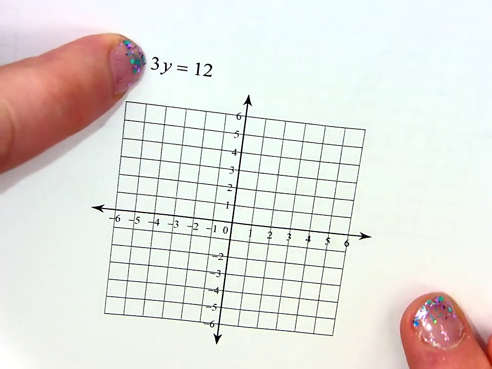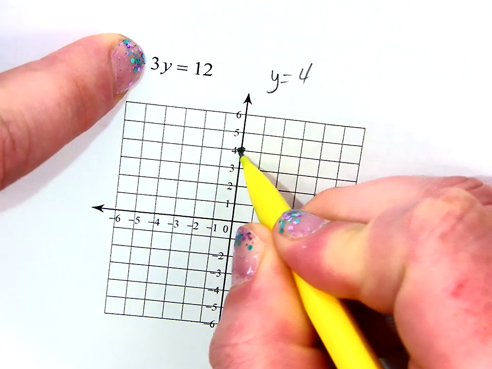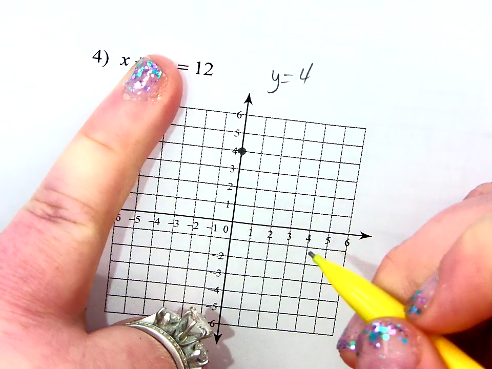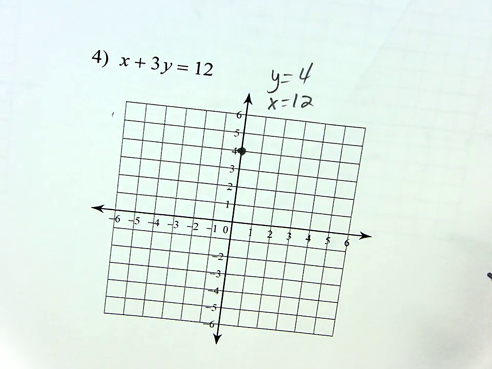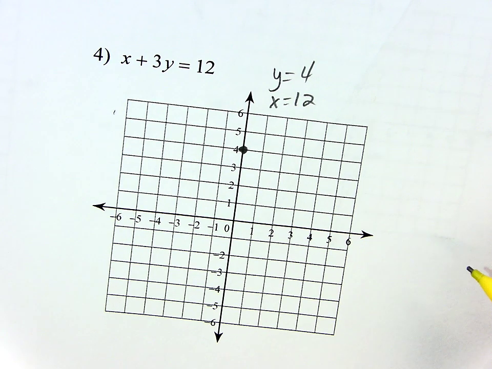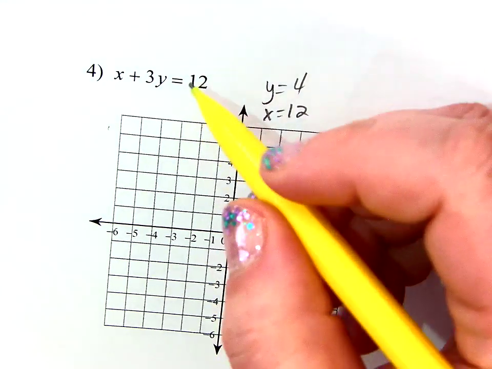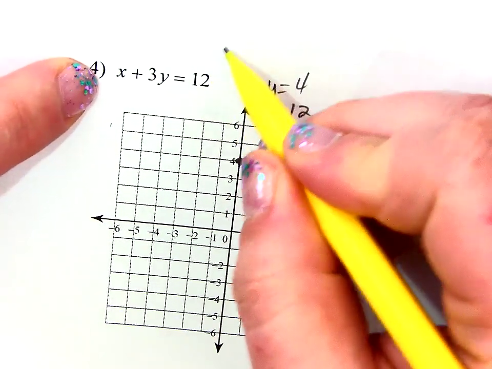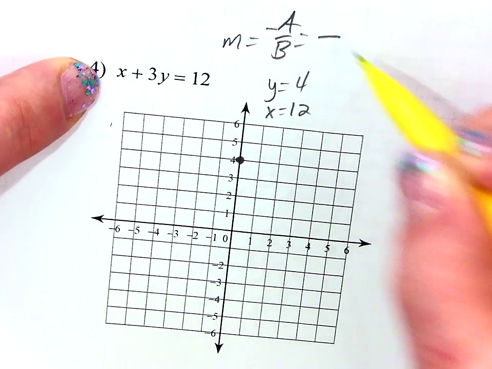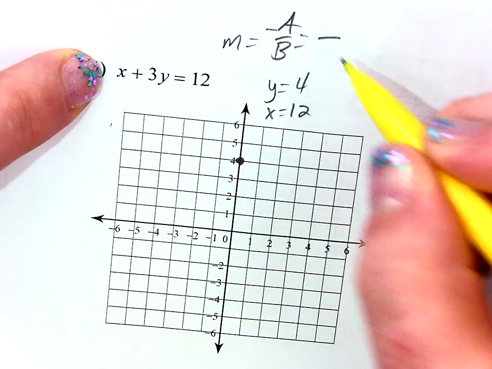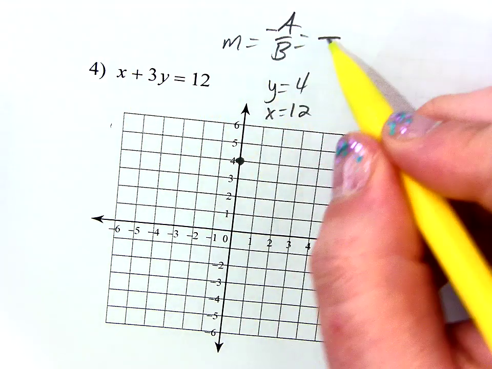Okay, cover up the x. Y would have to be 4. Okay, that one's nice and easy. Now, when I cover up the y, though, I do get x equals 12. But that's way off my grid. So, what can I do instead? I'd follow the slope. So, negative a over b. What's negative a going to be? A is in front of this guy, so that's just negative.